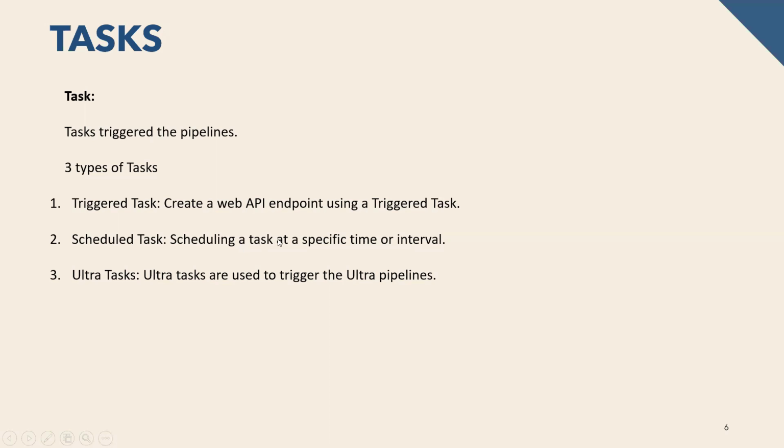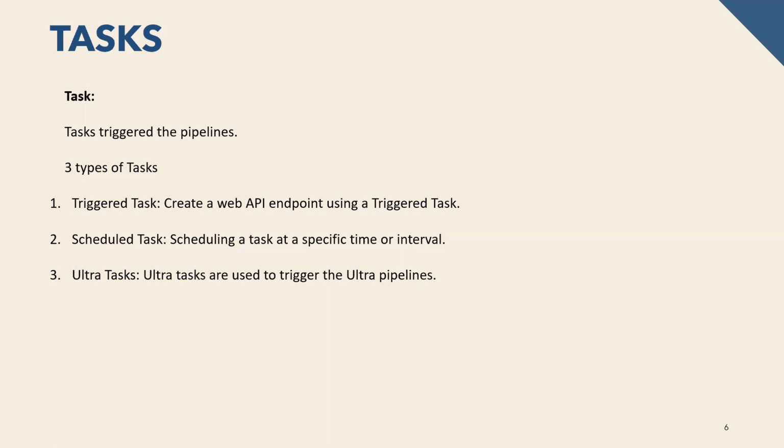With the help of the scheduled task, you can trigger or schedule your pipeline to execute at a certain time or at certain intervals. Then we have the trigger task. What is a trigger task? You have built a pipeline, and it has to be called by some external systems remotely.